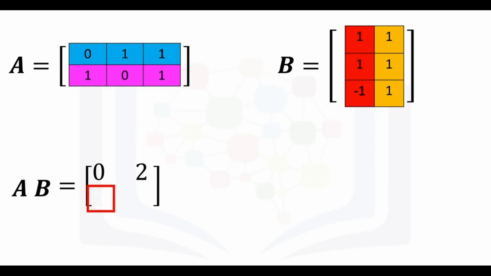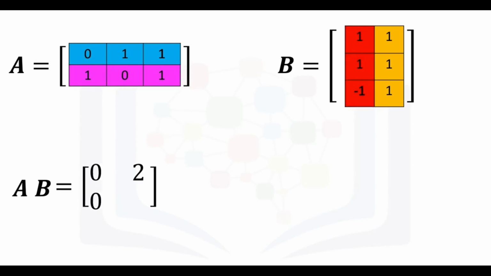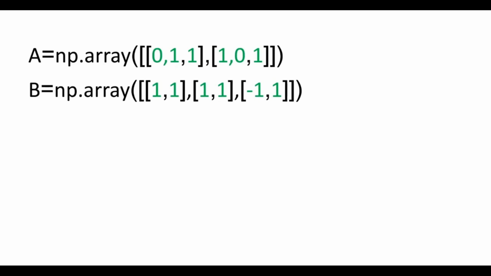For the second row and the first column of the new matrix, we take the dot product of the second row of the matrix A with the first column of matrix B. The result is 0. Finally, for the second row and the second column of the new matrix, we take the dot product of the second row of the matrix A with the second column of matrix B. The result is 2.